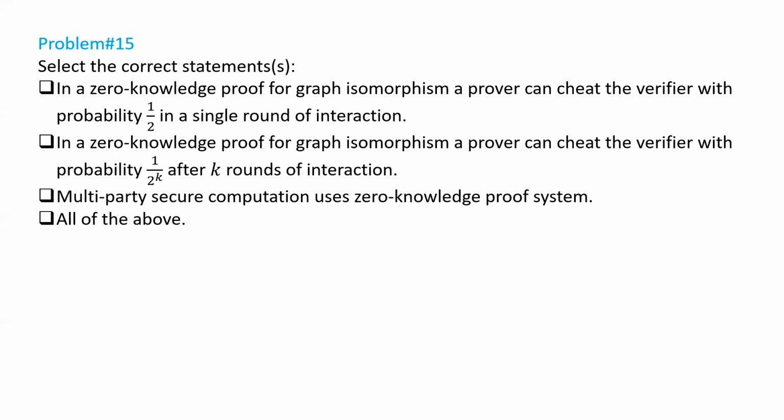Basically, all of the statements are correct here. In zero knowledge proof, whenever a prover tries to cheat the verifier, the interaction between prover and verifier can go on for k number of times, and the probability that a prover who is actually a cheater will be able to cheat the verifier in all these k rounds is only 1 by 2 to the power k.